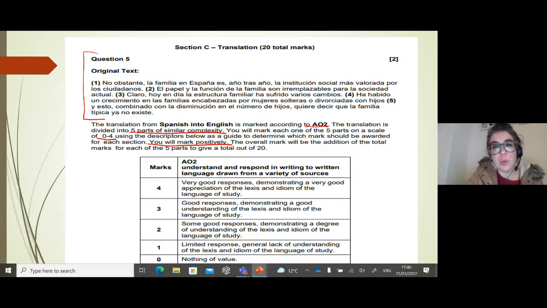The overall mark would be the addition of the total marks for each of the 5 parts to give a total out of 20. So look back at your translation, the one that we've done together. Go from 0 to 4. Go from the bottom band to the top. Did you give a limited response? Was there a general lack of understanding of the lexis and the idiom of the language of study?